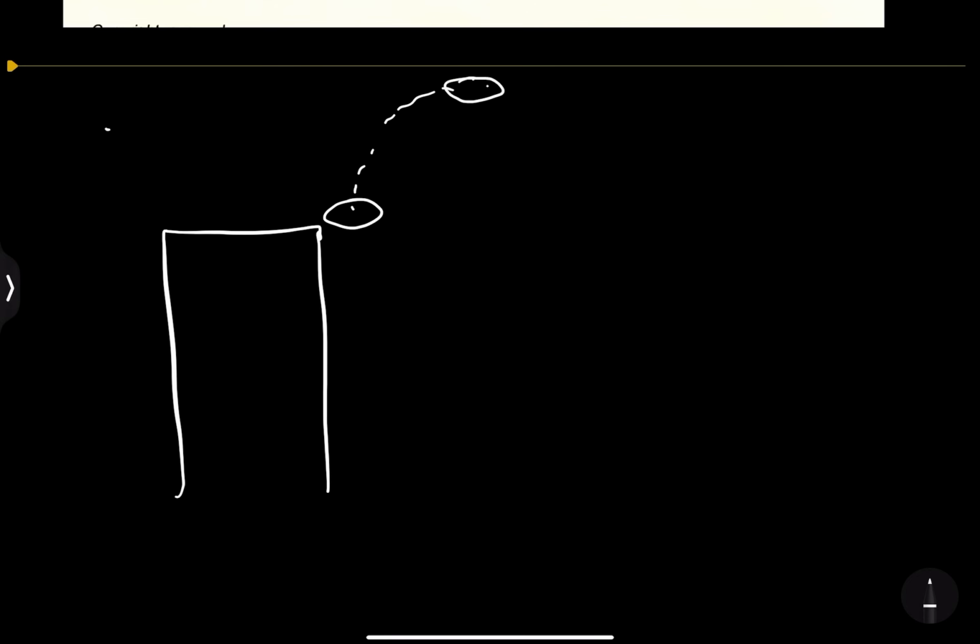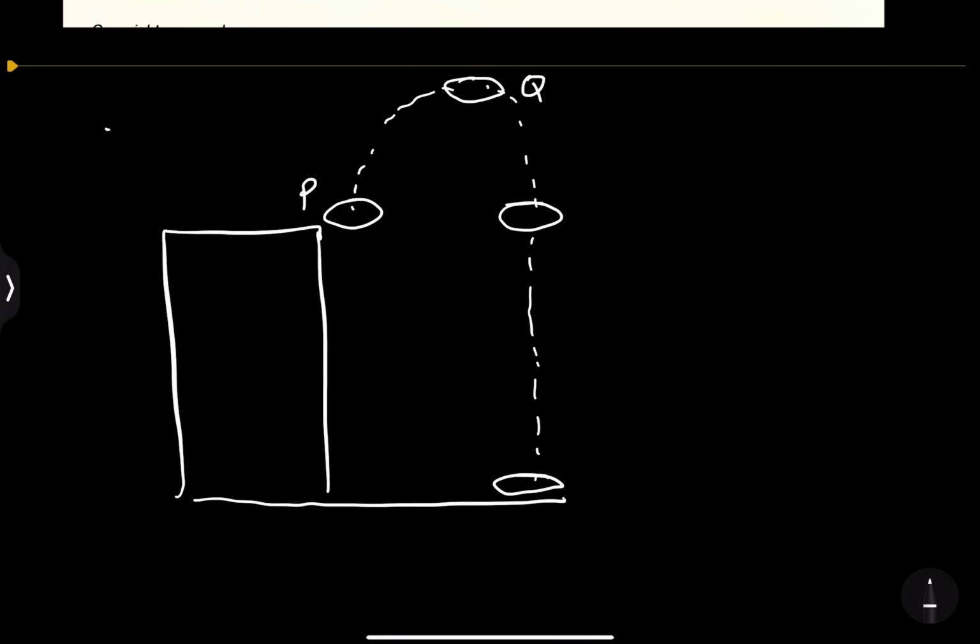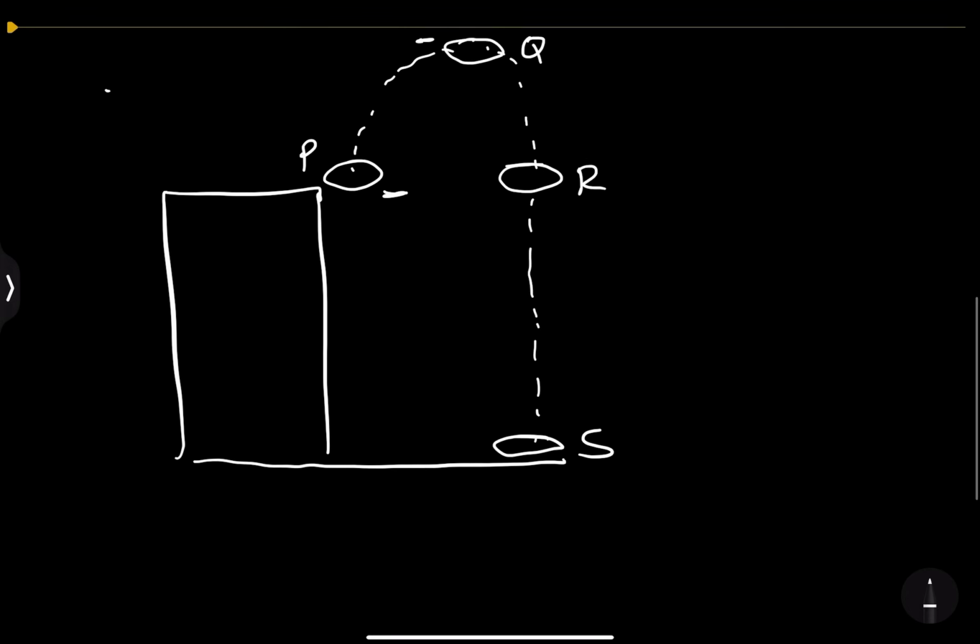It reaches maximum height, then goes back down to the same point from where it departed. I want to call this point P, and that point Q, point R, and point S. This is solely looking at the disk. Now they wanted us to calculate the time until maximum height, so we are going to look at the points between P and Q.